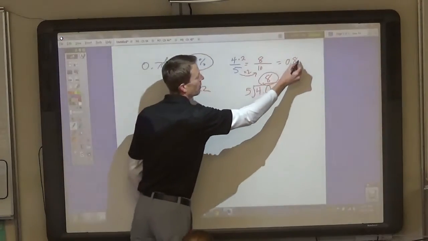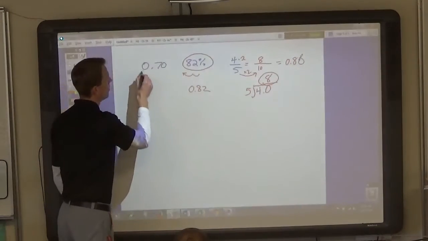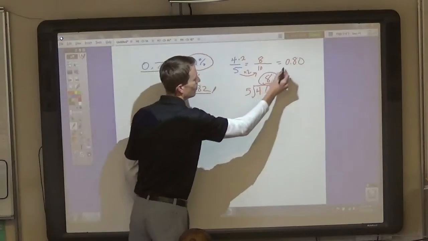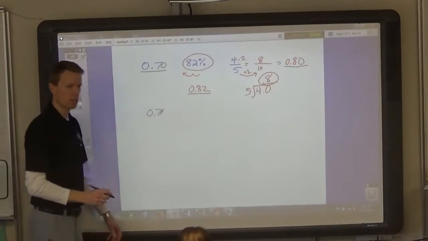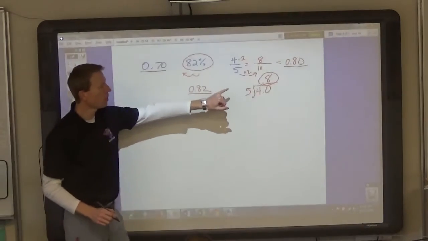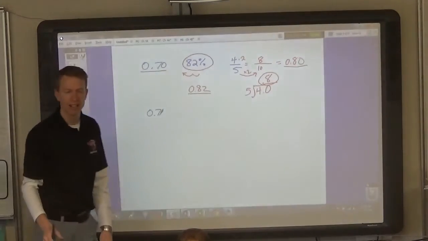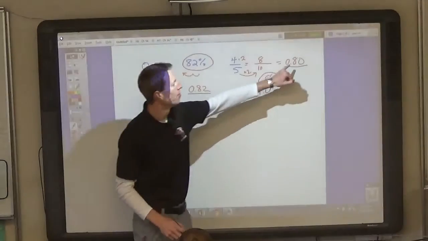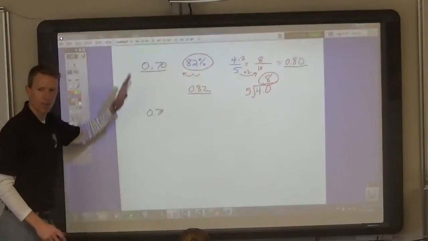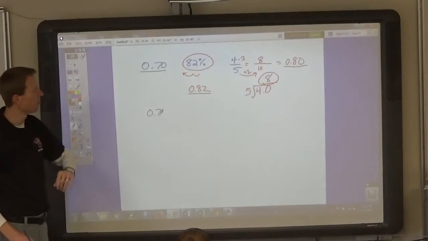See if this helps. 0.7. Yeah. 0.7 is the smallest. Now we have all the same places that we can compare, right? And sometimes it's helpful to put that 0 there because there's a 2 there. And then they all have the same number of places in the number.